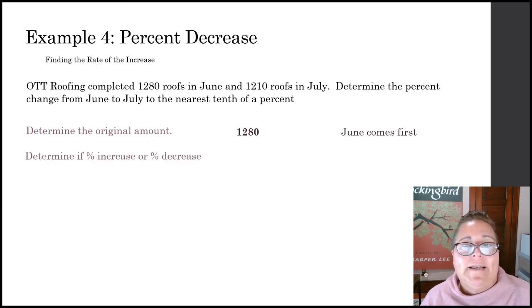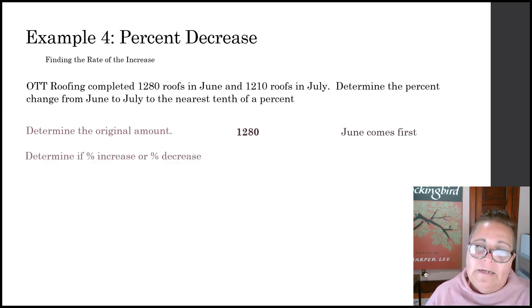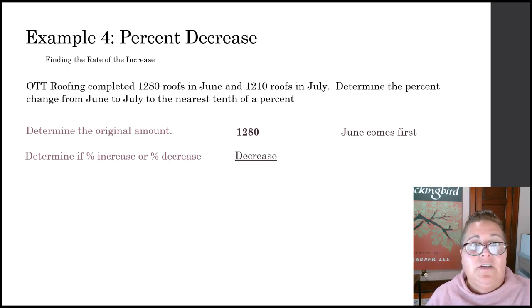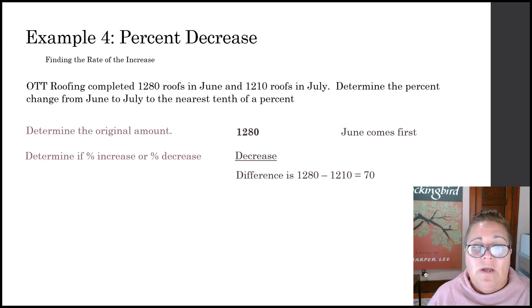Now, is this a percent increase or a percent decrease? Since we started at 1280 and it goes to 1210, this is clearly a decrease. That decrease would be the difference between the two numbers, or 1280 minus 1210, which is 70.